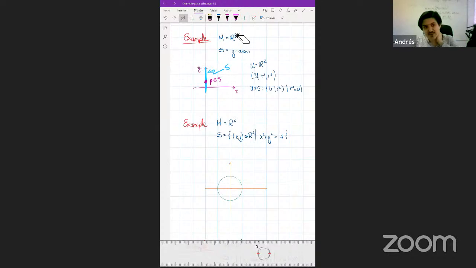And I would like to show that S is a regular submanifold. Okay, then, let's take any point. I would take this. Any ideas of a chart that we can take here?